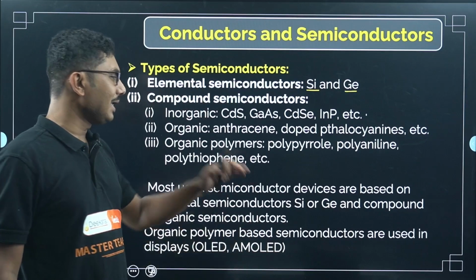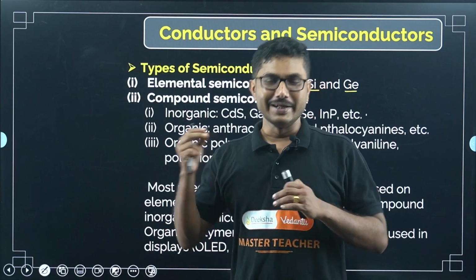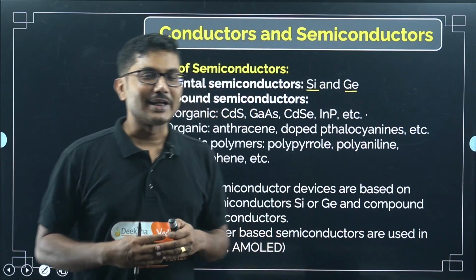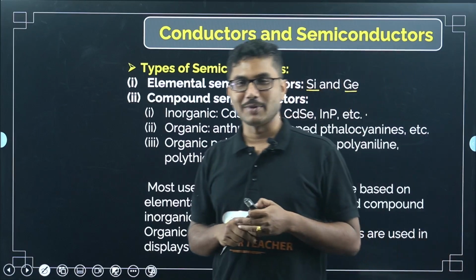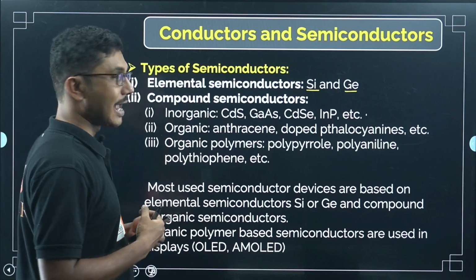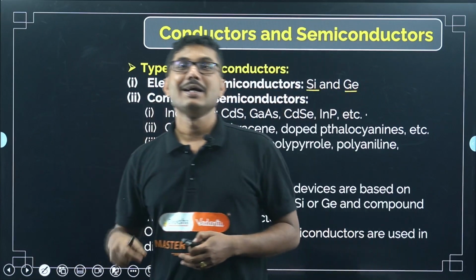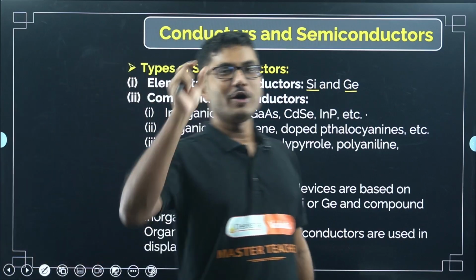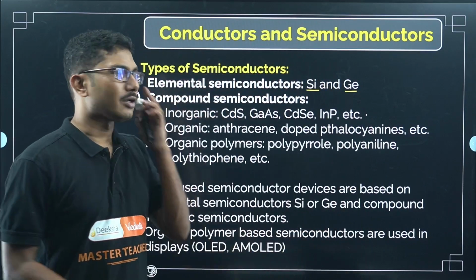One example is the term OLED or AMOLED, which you may have heard if you are a gadget freak: your mobile has an AMOLED display, your TV has an OLED display. What does the O stand for? AMOLED means active matrix organic LED, and OLED means organic LED. So O stands for organic, and LED is based on the semiconductor principle.